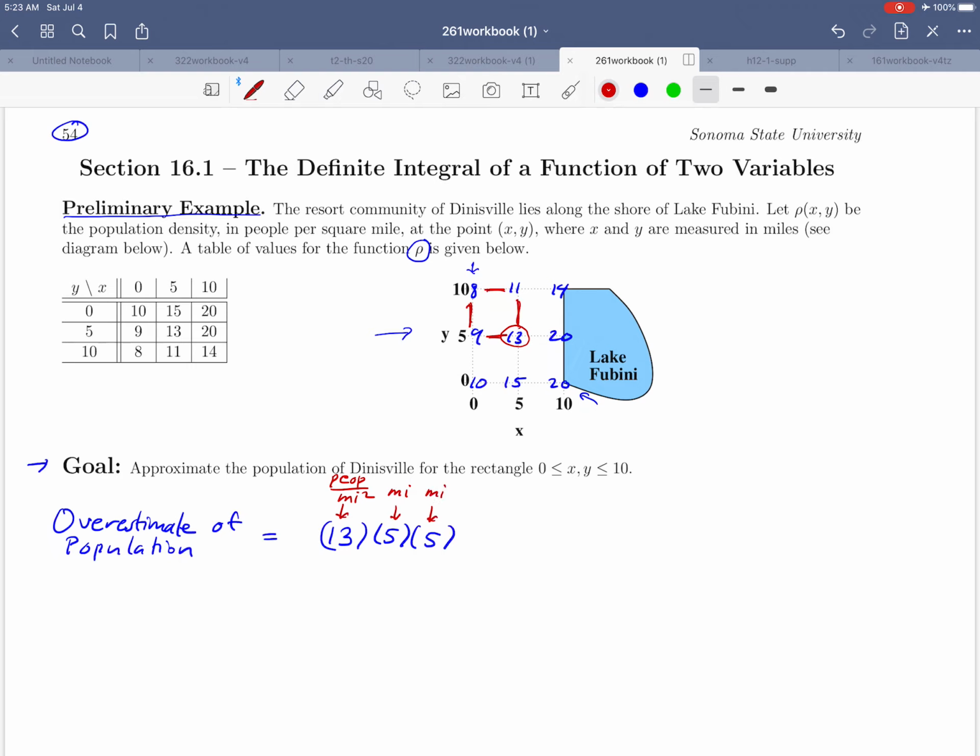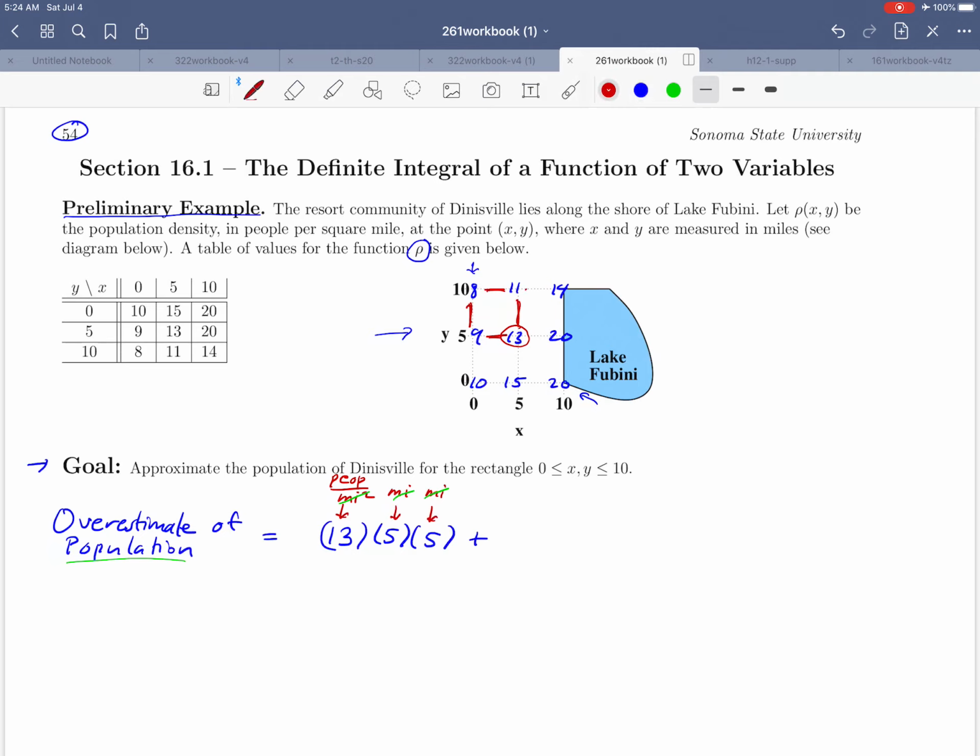So we're taking people per square mile times miles, and notice that if you cancel units, we get people. And that's good because we're trying to estimate population here. So that first term is our overestimate of the population in the first square, and we'll move on to the next one.